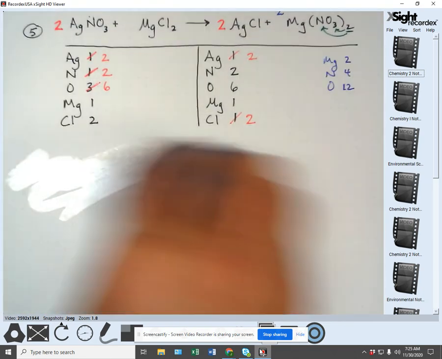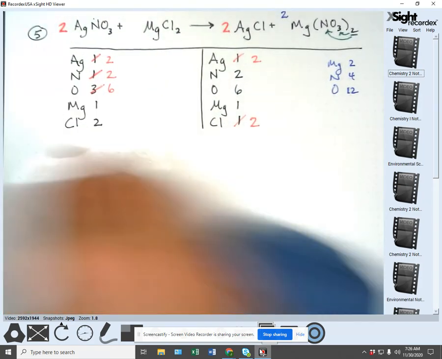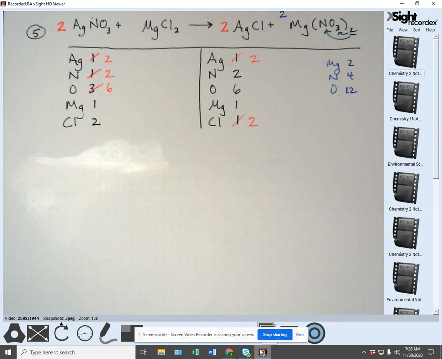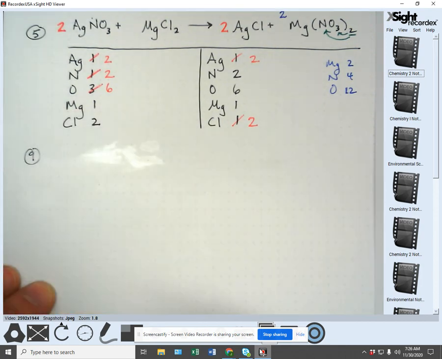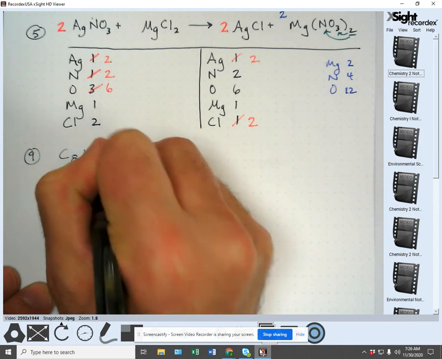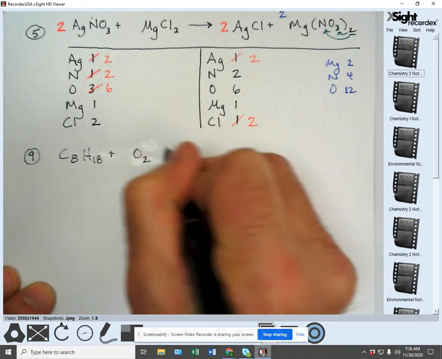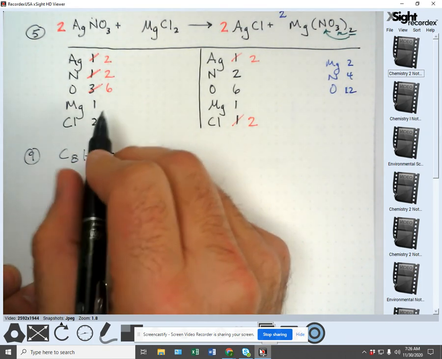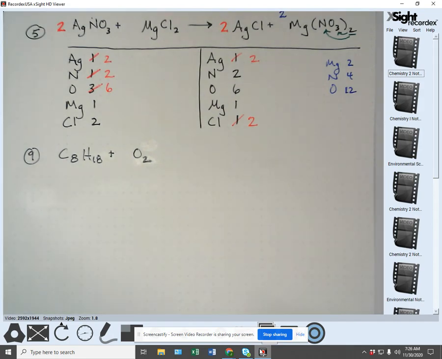So we are going to do that one instead. All right, number 9. 9 is C8H18 plus O2, and it was still wet apparently.